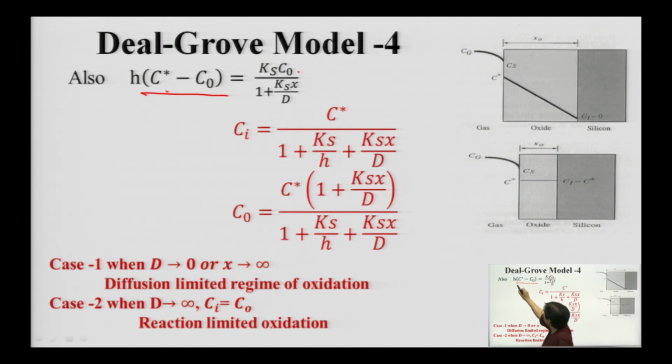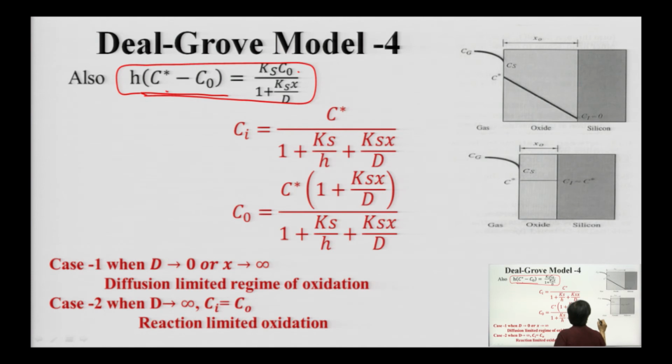Now, if I equate these equations, from these equations I derive two values, for Ci and Co, because I am interested in whatever is happening within this particular SiO2 layer. What is exactly happening?